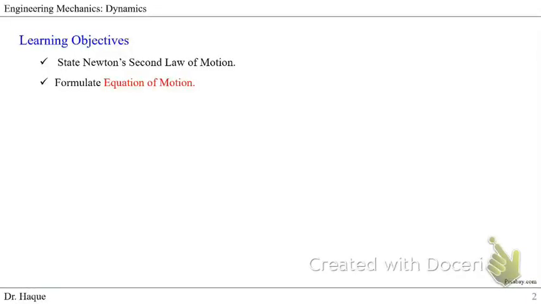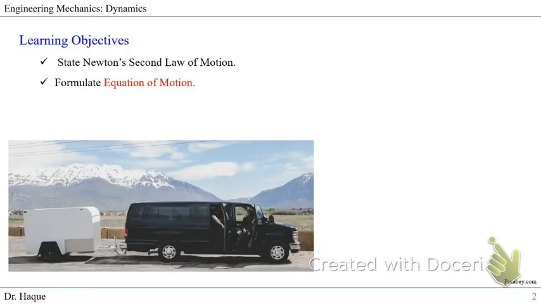Let's start. Our today's learning objective is to state Newton's second law of motion, and then formulate the equation of motion. The second law of motion we can apply, for example, in this trailer, the car is pulling.